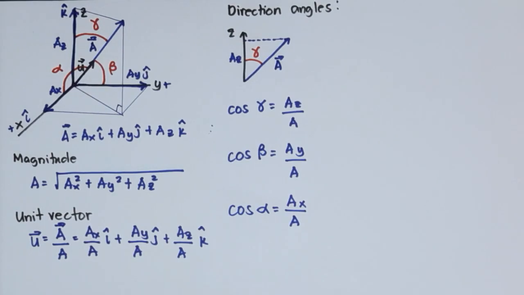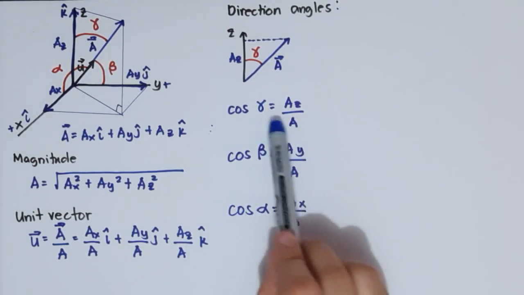If we go back to our formula for the unit vector, we can see that ax over A is also cosine alpha, ay over A is also cosine beta, and az over A is also cosine gamma.